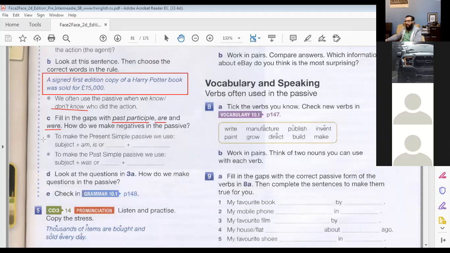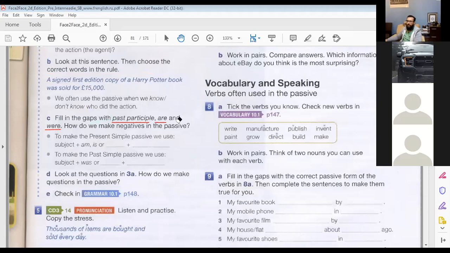So the first one, it says to make the present simple passive, we use subject plus am or is or what else? Plus what? What do you think? And let's look at the examples to help us.